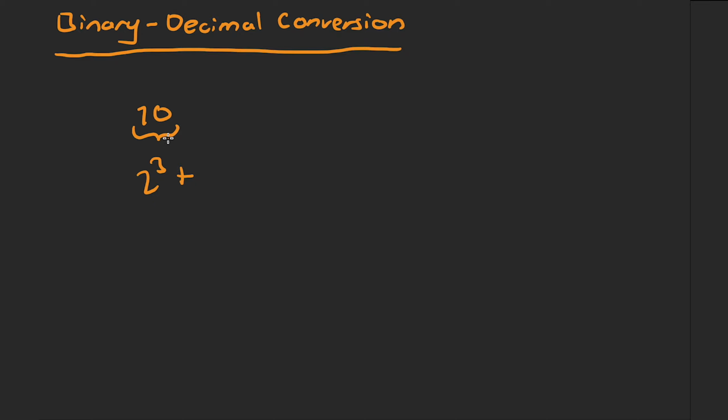So we have 2 left. If we take 10 minus 8, that leaves us with 2. And we can fill that space with 2 to the power of 1. That gives us 10. And you can do this for every decimal value, starting from the biggest binary value that you can think of and just lowering them.